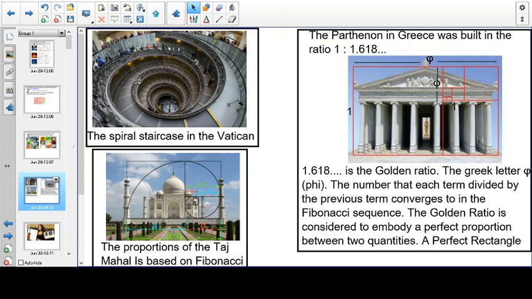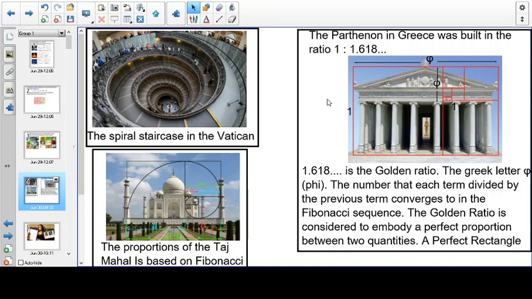Another interesting fact related to Fibonacci is that if you divide each term by the previous term, as you move through the Fibonacci sequence, that number starts converging to an irrational number, 1.618..., which is known as the golden ratio and is denoted by the letter phi.